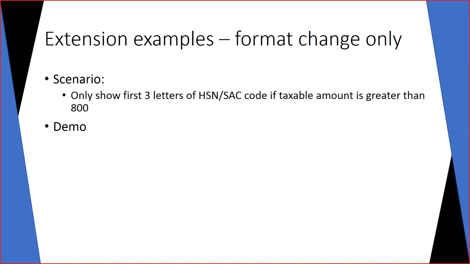Currently, for the Microsoft provided configuration, we provide the full HSN and SAC code, while for some business requirements, you probably will only need the first several letters. So let's go to the system to see what you need to do to achieve this.